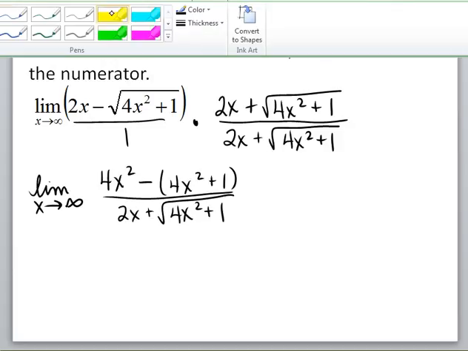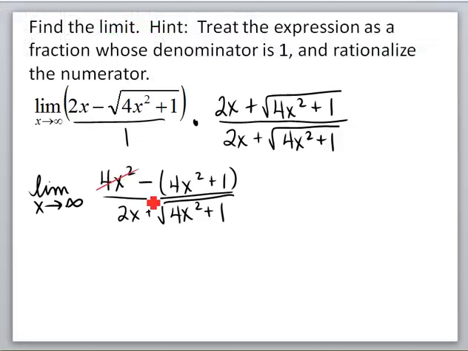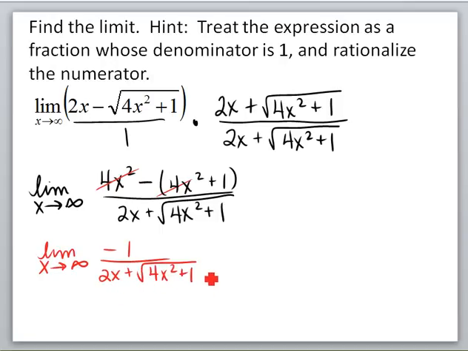Well, looking at this a little closer, I have 4x squared and a negative 4x squared. So I now have really the limit as x approaches infinity of negative 1 over 2x plus the square root of 4x squared plus 1. Now if I just start plugging in infinity down here, I'm going to get a really, really large number. So I'm going to have negative 1 over a really, really large number, which means it will go to 0.